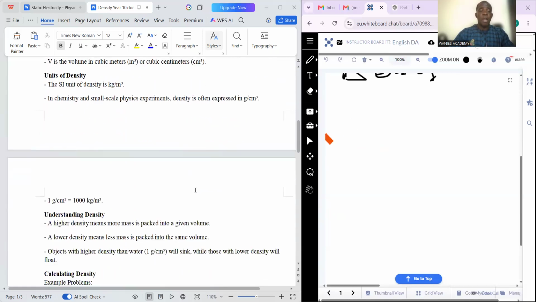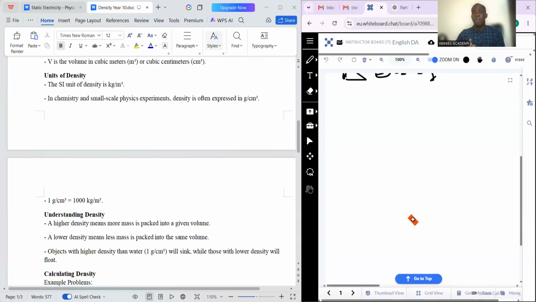Now, how do we understand density? We go deeper into the concept, then we'll have some calculations. A higher density means more mass is packed into a given volume. A lower density means less mass is packed into the same volume.